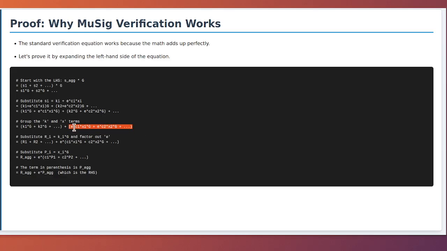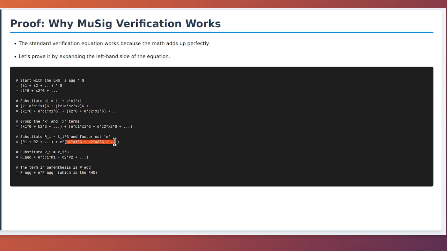The sum of the Ki times G terms is just the sum of the Ri points, which is RAGG. For the second group of terms, we can factor out the common challenge E. This leaves us with E times the sum of Ci times Xi times G.